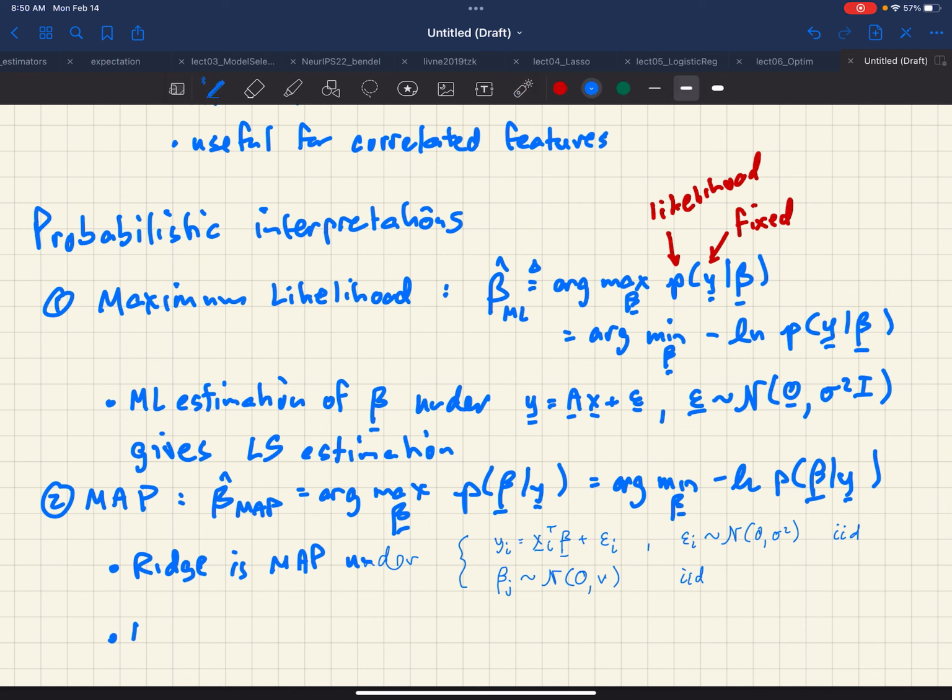So the final thing is lasso is MAP under a similar model. So here we're going to have the same model for y. But for beta, we have a Laplacian with some scale factor v.